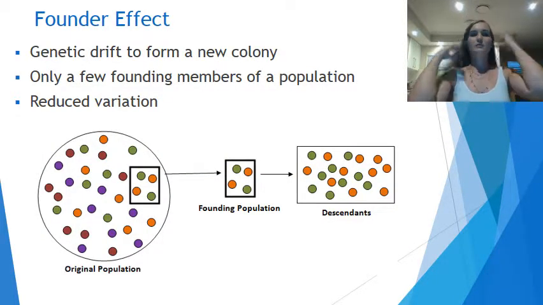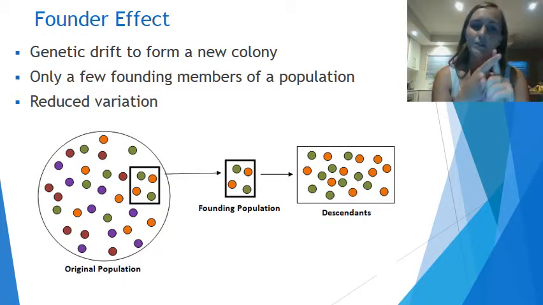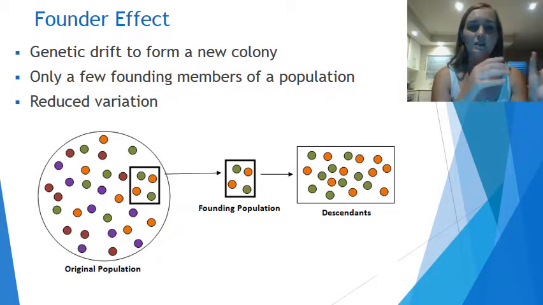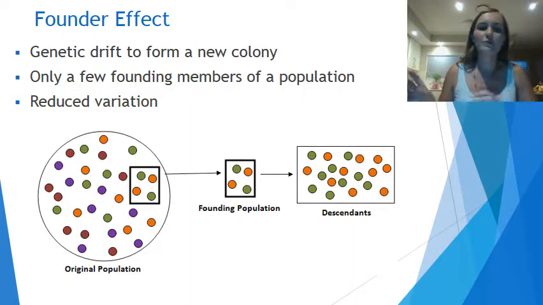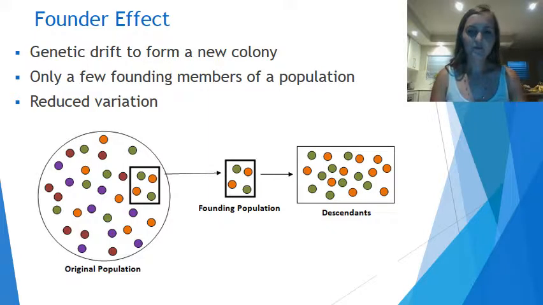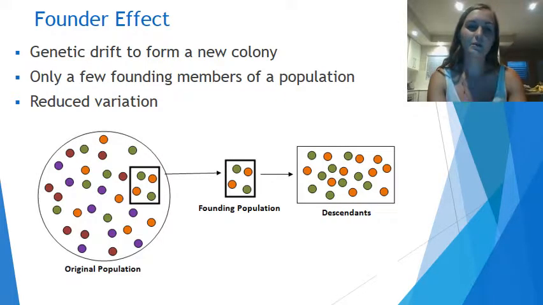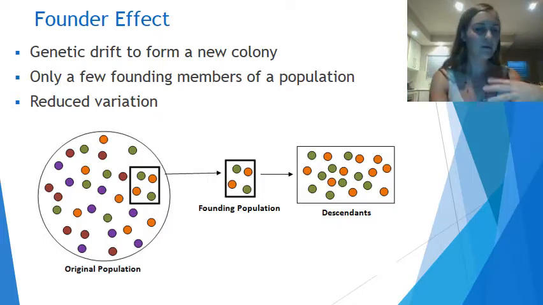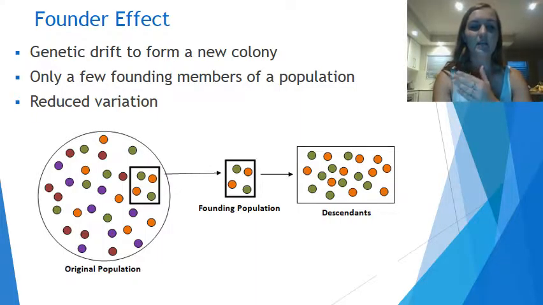Okay, so in terms of genetic drift, there are actually a few effects that can occur. The first one is the founder effect. This is where genetic drift will cause a small population to be separated from the original population, which causes a new population to form based on this small founding population, this small group that's been separated. Again, there are a lot of reasons why this might happen. Chance events can cause some individuals to be separated.